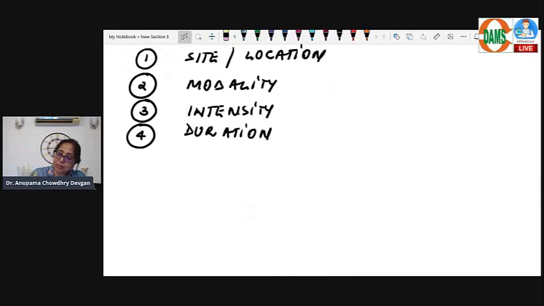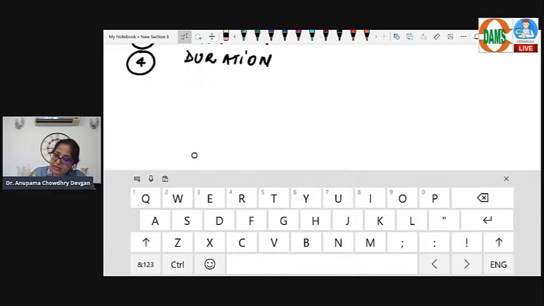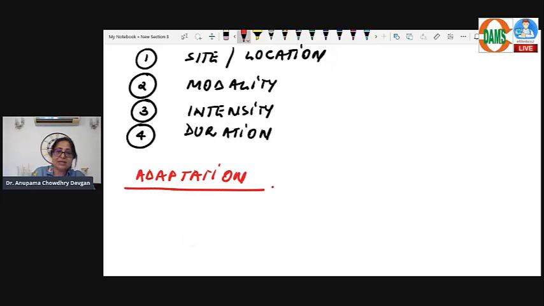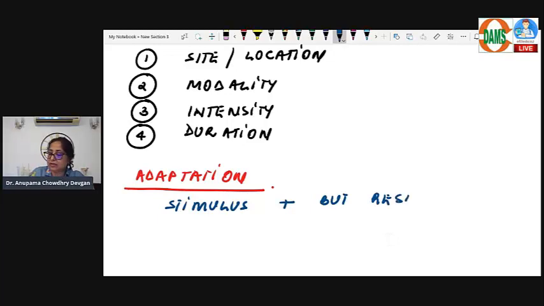Now, the next important point is, what do you understand by adaptation of a receptor? What is adaptation? Adaptation means that the stimulus is present, but the response decreases over a period of time.